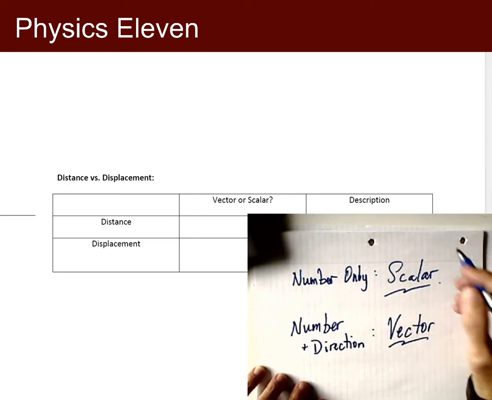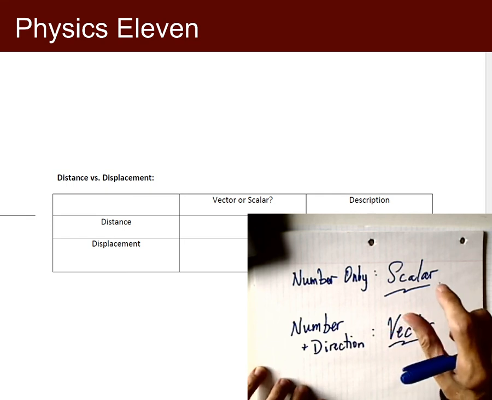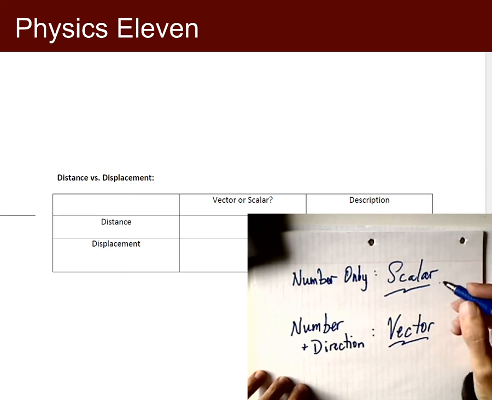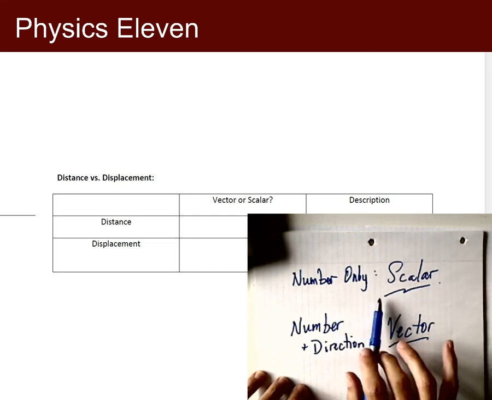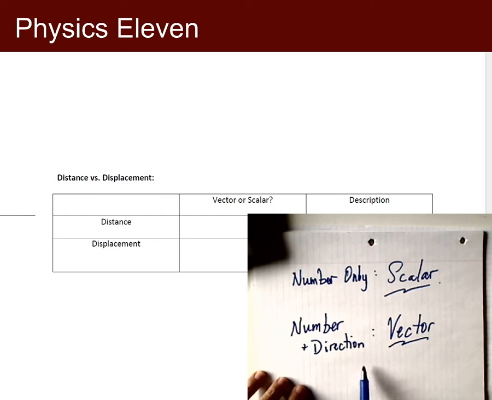Okay, so displacement, and this word's going to come up a lot. First of all, the two are going to be interchanged, perhaps a bit confusing. But later on, we'll be using displacement quite regularly. All right, so for the number only, this is what the distance is. For number and direction, this is the vector.